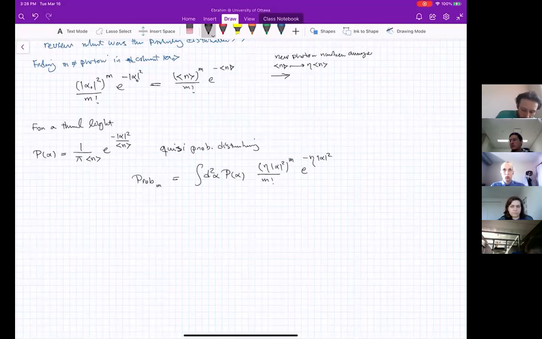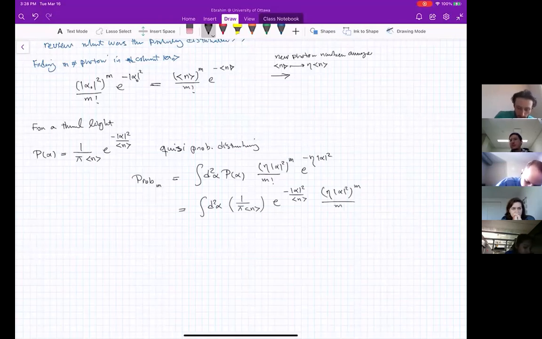All right? True? Okay. Now let's do this calculation for this specific probability distribution, which is the integral of d2alpha, 1 divided by pi n, e to the power of minus alpha squared divided by n, eta alpha squared to the power of m, divided by m factorial, e to the power of minus eta alpha squared. Good. No mistakes.